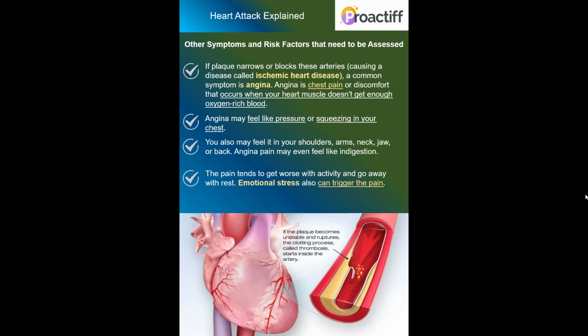Some people would also experience pain or some sort of numbness in the shoulder, arms, neck, jaw, or back, and the angina pain may even feel like indigestion for some people. This is only narrative experience, but one has to feel and realize that condition.